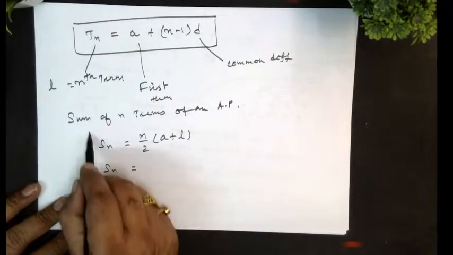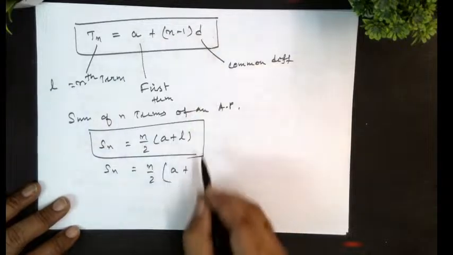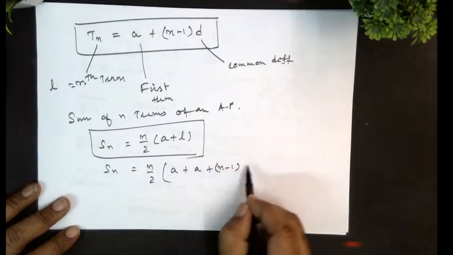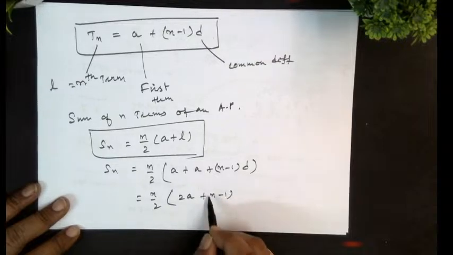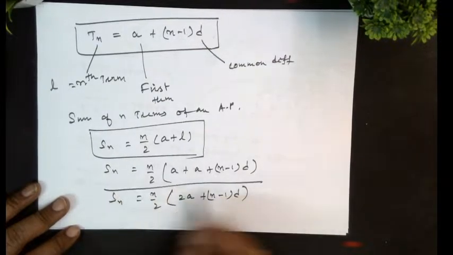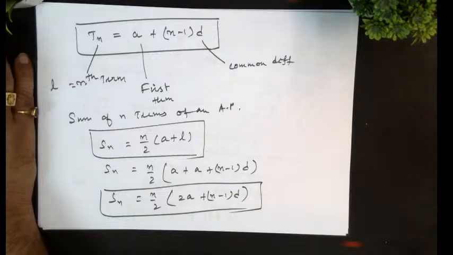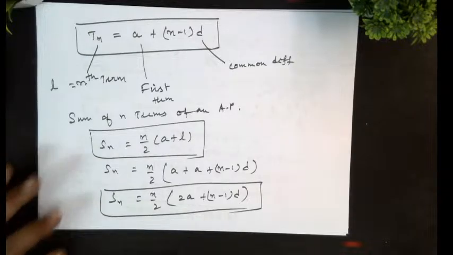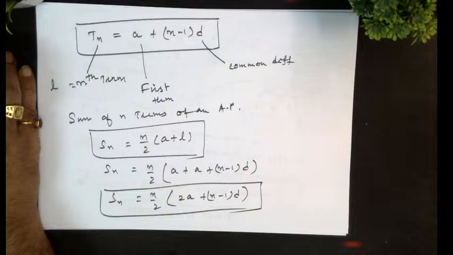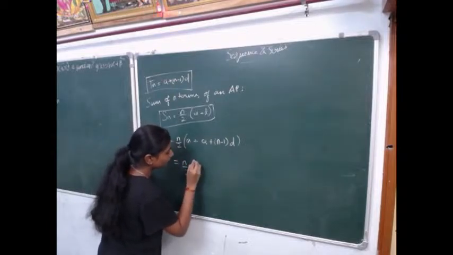Sn is equal to n by 2 into A plus, you can add this, A plus n minus 1 into D. So it means n by 2 into 2A plus n minus 1 into D. Okay, take down. This is the derived formula. Got it?